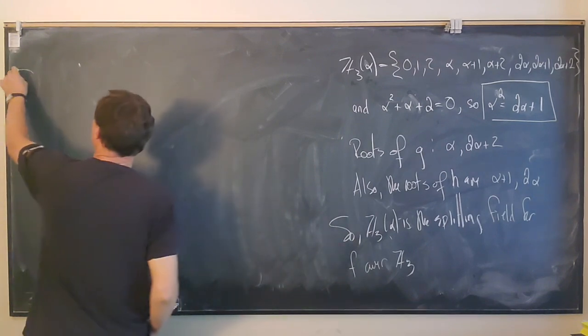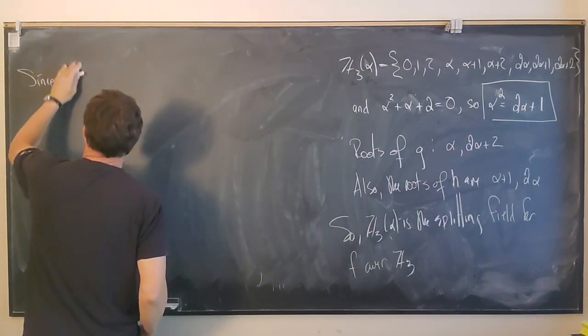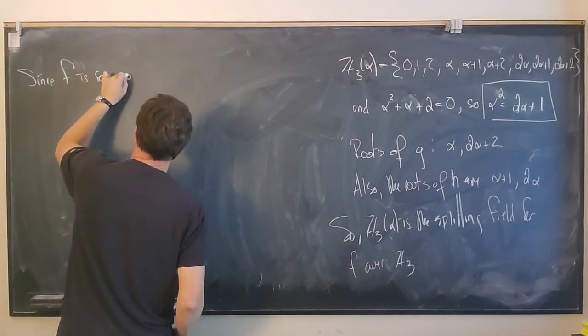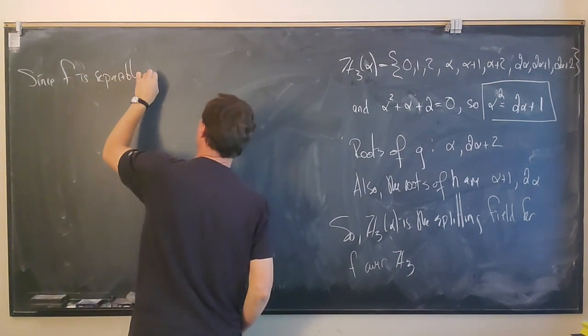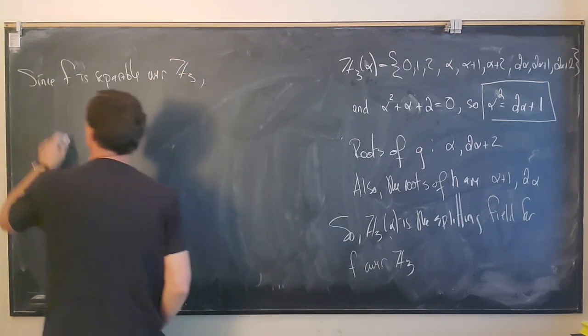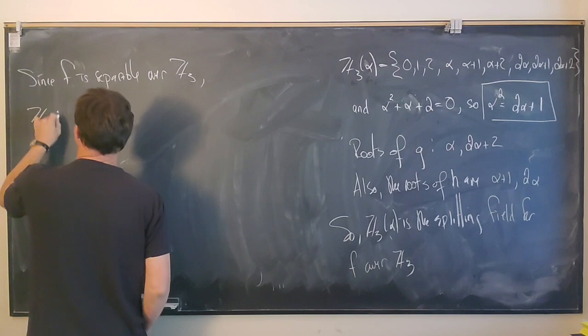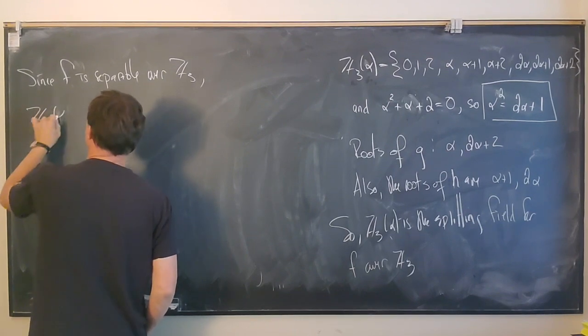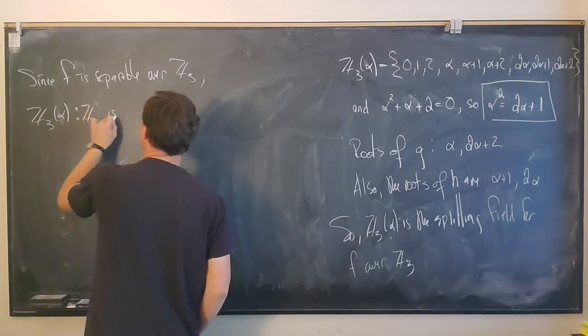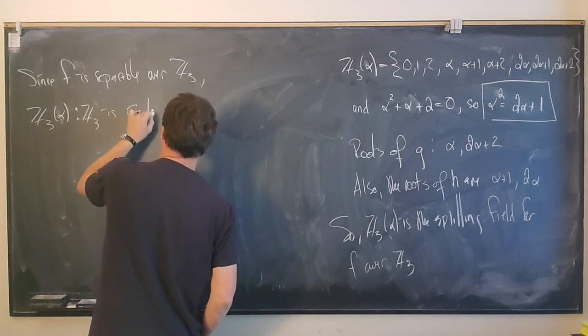So since F is separable over Z3, the extension Z3 adjoint alpha over Z3 is Galois, right?